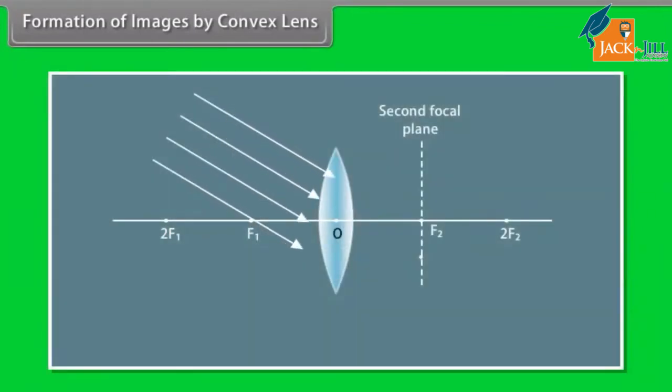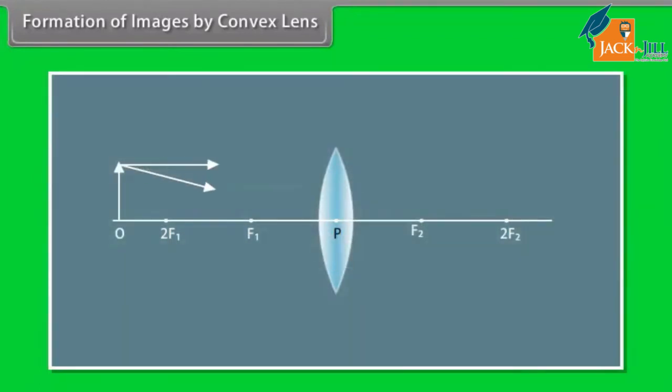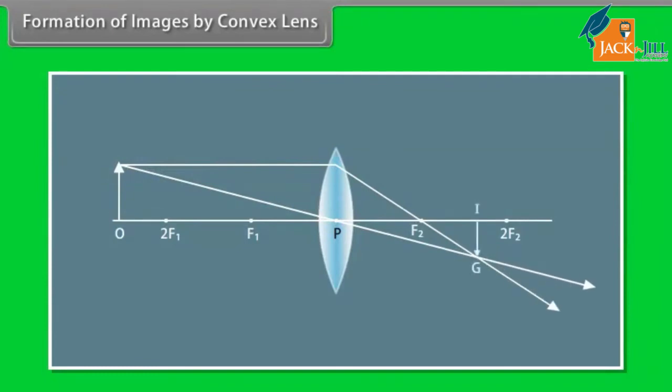When the object is placed at infinity and the rays are not parallel to the principal axis, the image is formed at the focal plane on the opposite side of the lens as that of the object. The nature of the image is real, inverted, and highly diminished. When the object is placed beyond 2F, the image is formed on the opposite side between F and 2F. The nature of the image is real, inverted, and diminished.